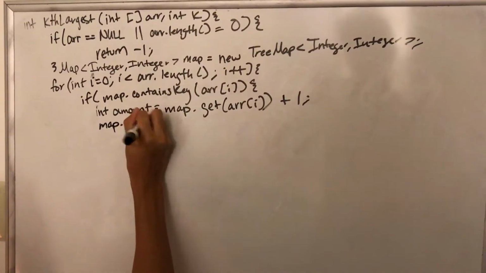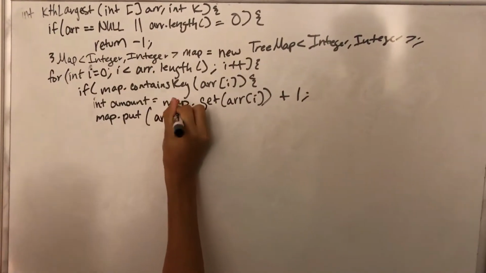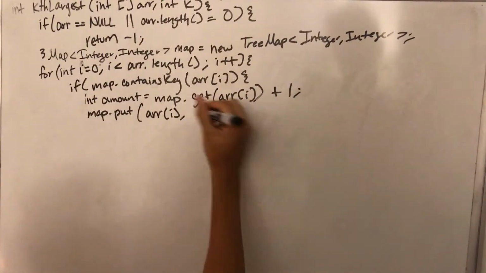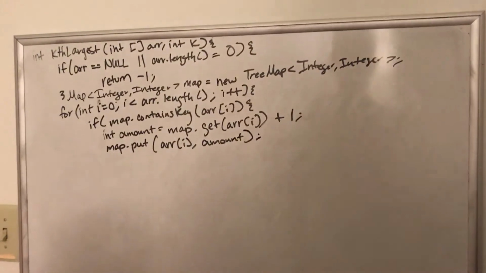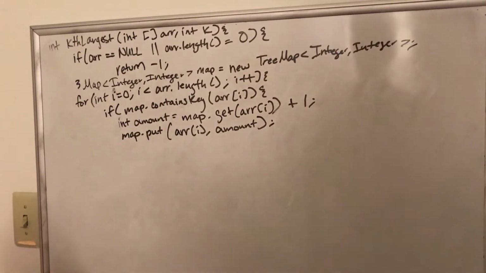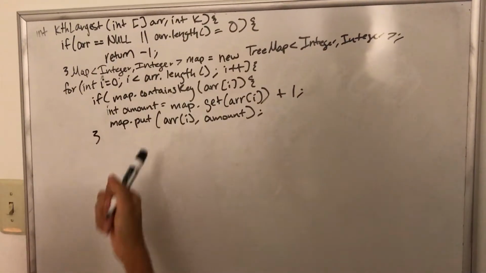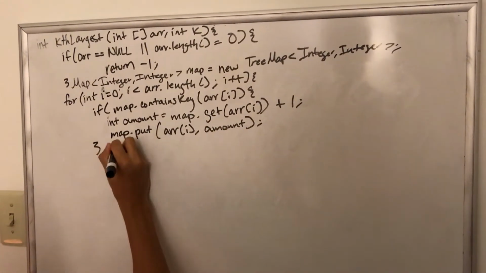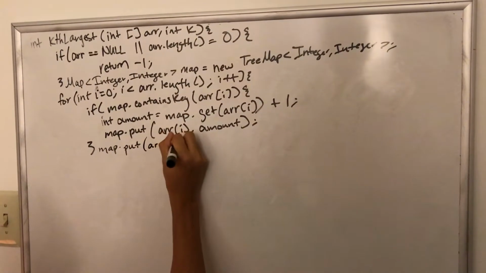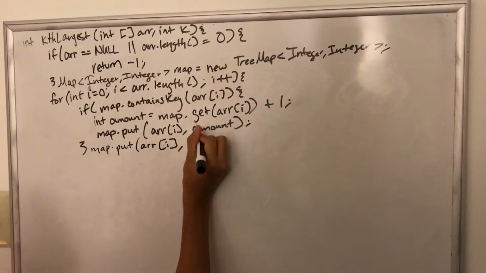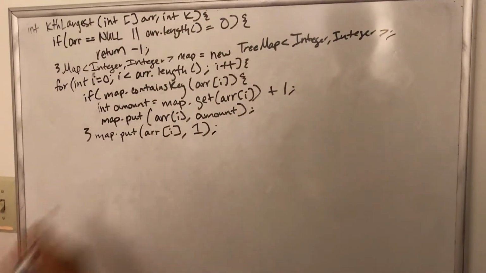So you do map.put of array i, which is the value, and then the occurrence is amount. Now you've accounted for another occurrence of that value in the map. You've handled that case. Now if it hasn't been seen before, you just do map.put of array i and 1, because it happens once for that value.